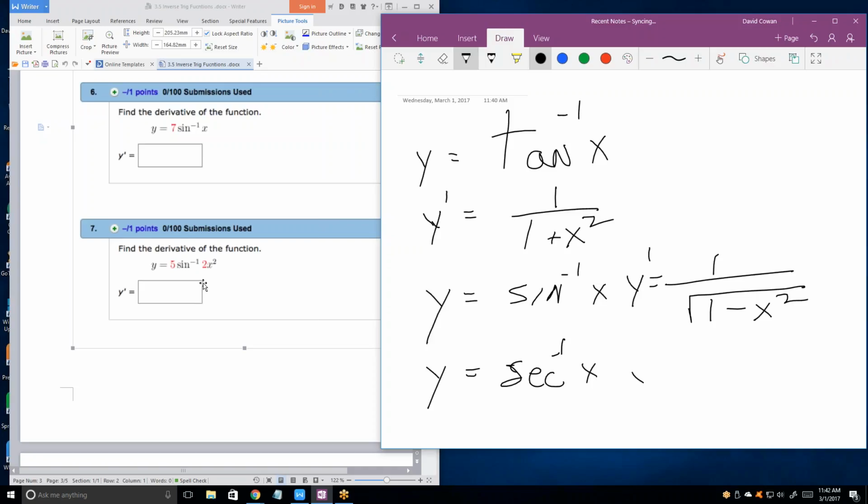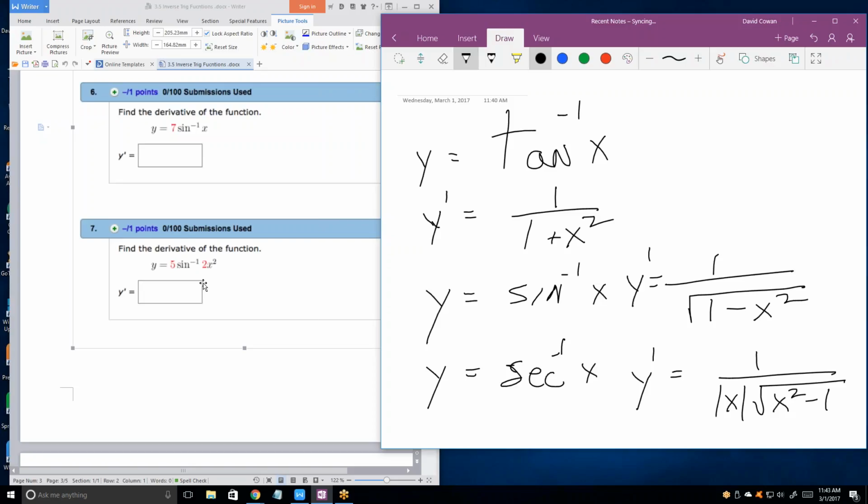And that's the hardest one to memorize of all, because it's a little stranger than the others. First of all, it's x squared minus 1, not 1 minus x squared. Second of all, there's an absolute value of x right there. Okay? With me so far? Yes.